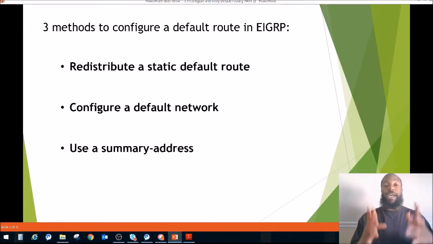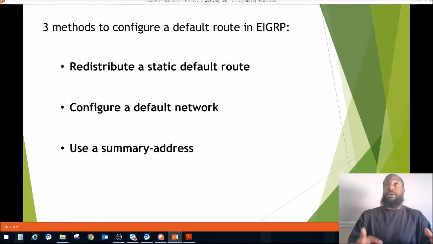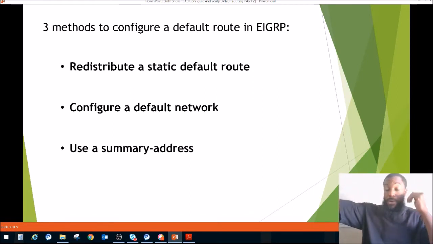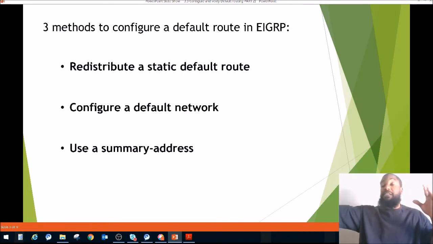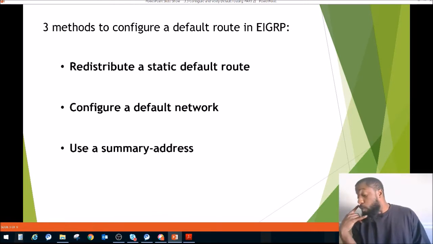So there's 3 ways to configure a default route in EIGRP. Remember, we talked about default routes. You can have it learned from another router, but in this video we're going to use EIGRP to share those routes. It's kind of like we found a way to get out of our neighborhood, and then we phone back home to say, hey, if you want to get out of the neighborhood, you're going to take this road, and it's going to take you out.